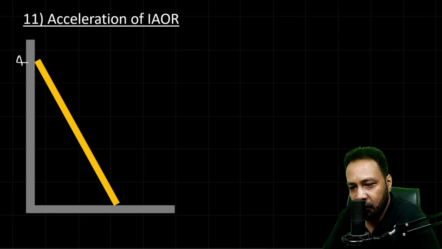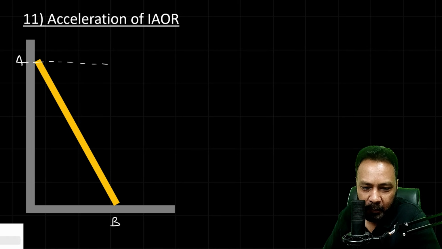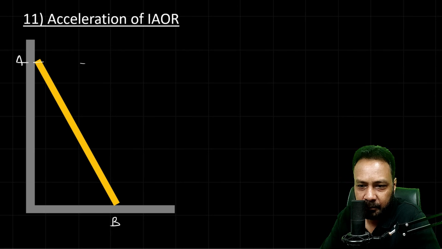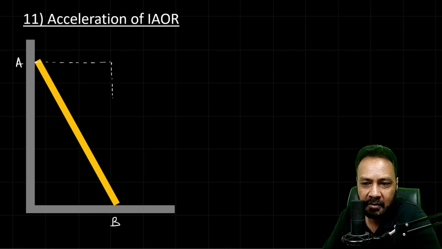Why I want to find the acceleration of IAOR is because many people think that IAOR has acceleration 0. IAOR has not, in general, acceleration 0. Sometimes it can have acceleration 0. IAOR has a 0 velocity. 0 velocity does not mean 0 acceleration.